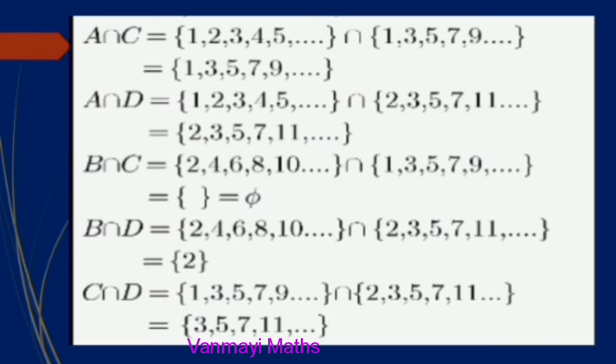A intersection D gives 2, 3, 5, 7, 11 etc. B intersection C gives, there are no common elements, that is the empty set, and B intersection D gives only 2 as the common element, so it gives a singleton set, and C intersection D gives 3, 5, 7, 11 etc.